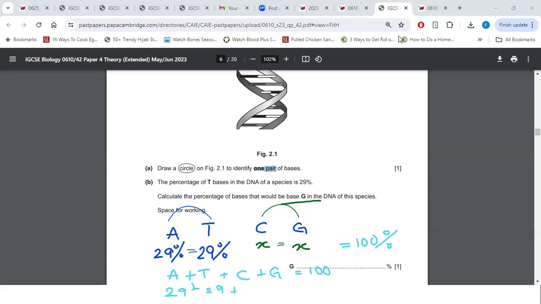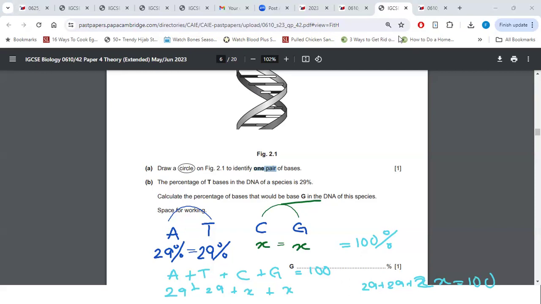Cytosine, we don't know how much, it's X. How much guanine do we have? X. So 29 plus 29 plus 2x is equal to 100. Can somebody please solve for x and let me know how much guanine is going to be found within the sample?